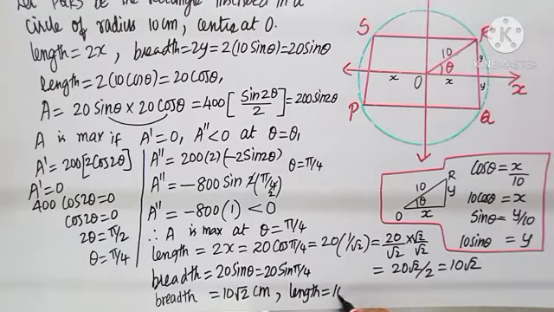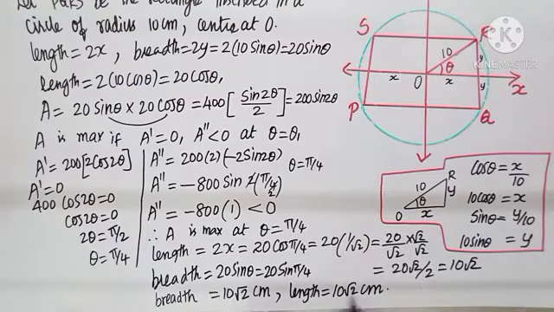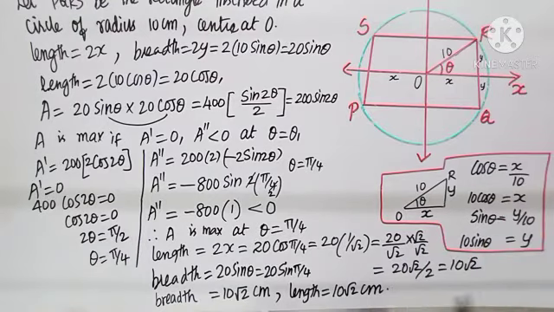Breadth is 10 root 2 centimeter, length is also 10 root 2 centimeter, and that is the final answer. Moreover, this problem can be restated: the rectangle may become a square. Yes, because length and breadth are equal, we can also say when the area is maximum, the rectangle becomes a square.